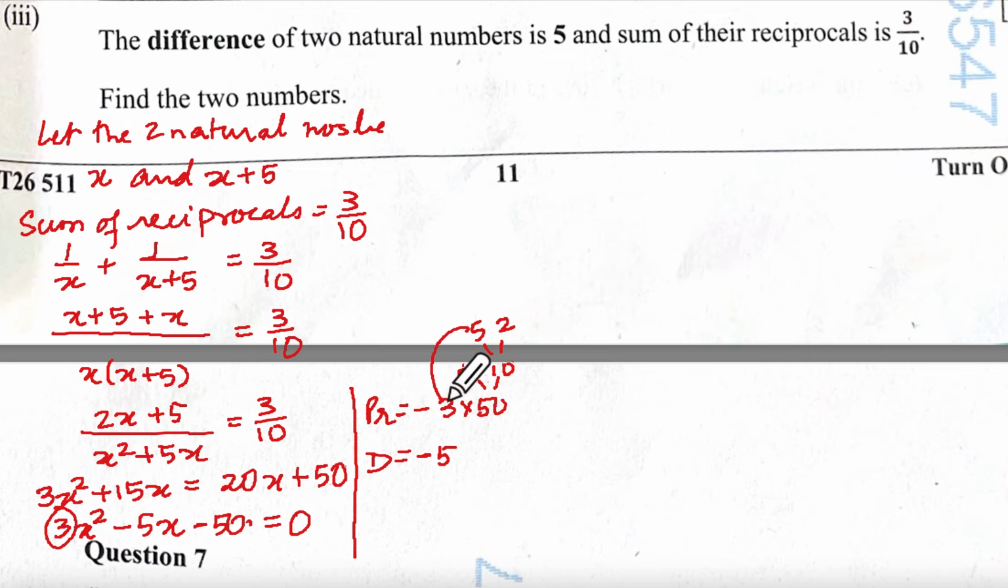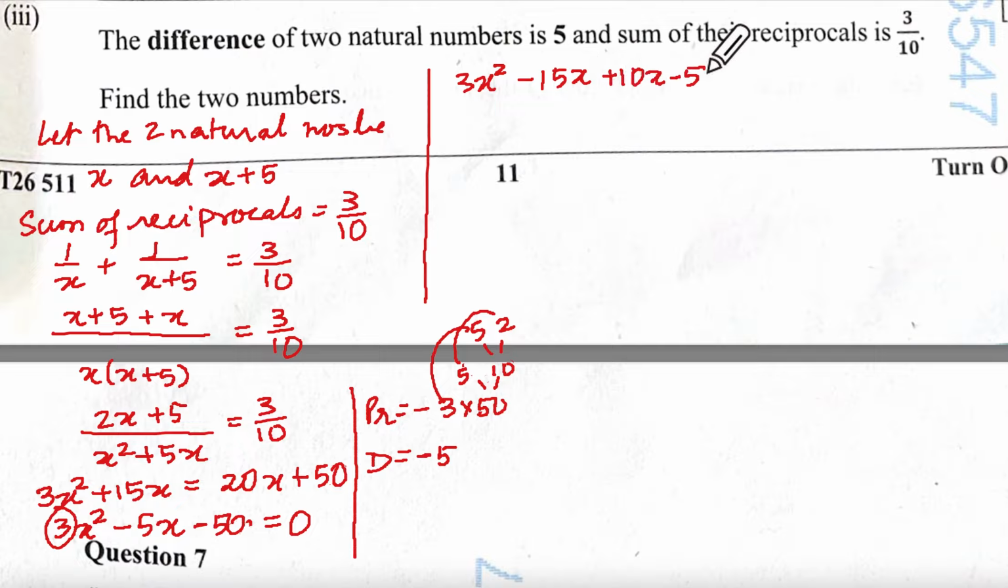Can you see over here 3 fives are 15 and 5 twos are 10? So let us write the factors. 3x squared minus 15x plus 10x minus 50 equal to 0.